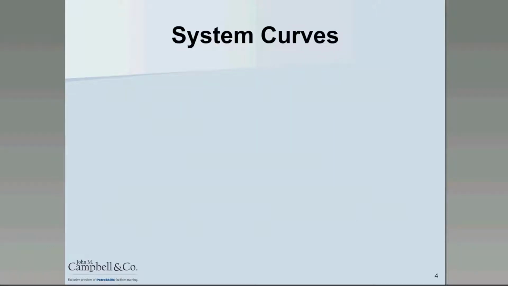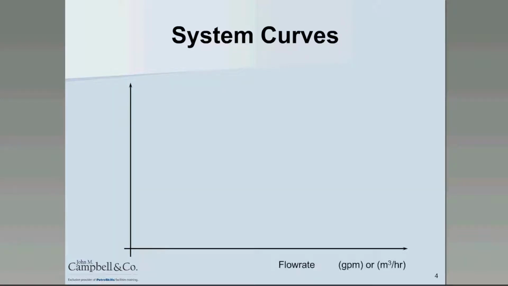So going through the major components of the system curve here, we have our axes with, on the bottom axis, flow rate in gallons per minute or meters cubed per hour if you're in the SI world. And we talk about energy on the vertical axis. Well, we don't talk about energy so much, we talk more about head, and we represent that energy in units of feet or meters.